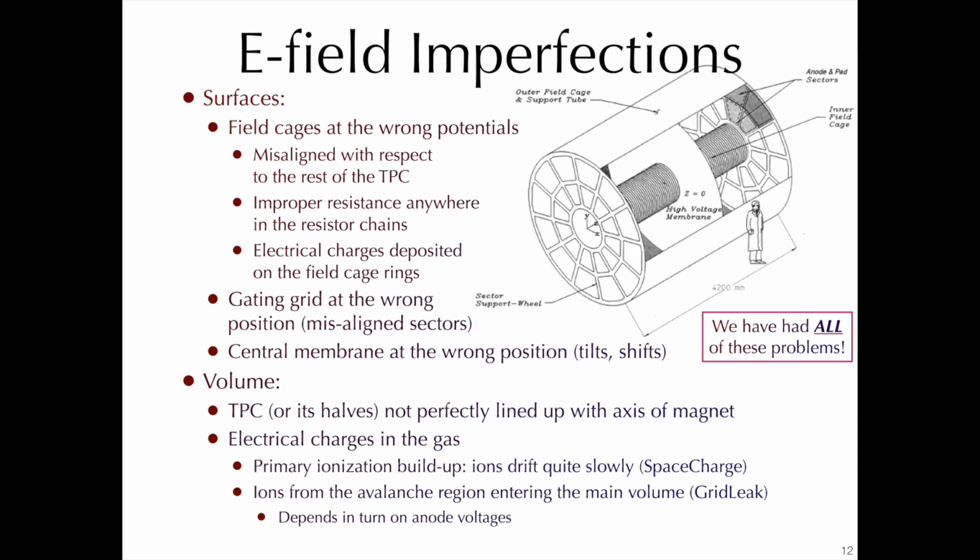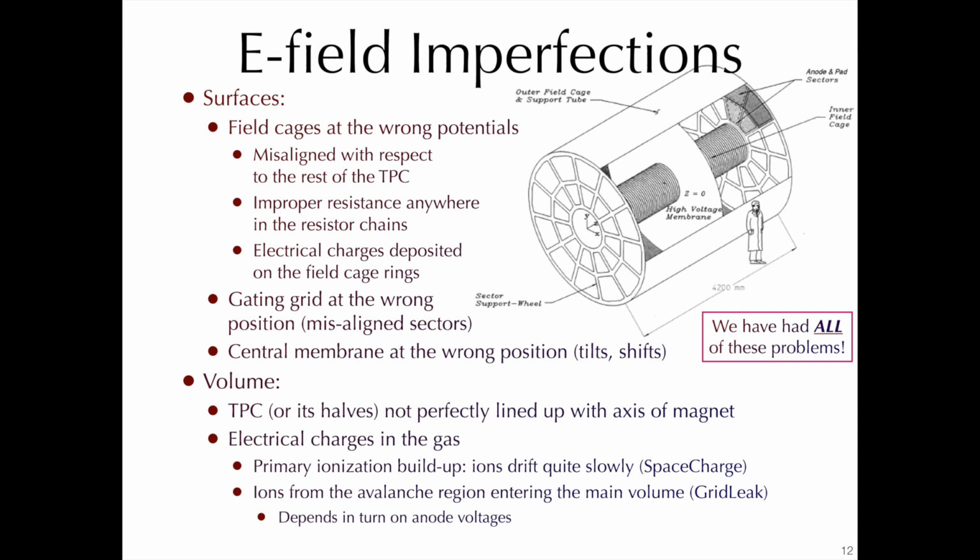What can also happen is that you could have conductive dirt in the gas of the TPC that could gravitationally fall onto two of the rings and possibly conduct electric current through the dirt from one ring to the next. So in any case, it's hard to know exactly what happens in all these cases because we don't get to go in and find exactly where the resistance has been lowered. We don't get to just open up the TPC and look around and dig for things all the time. So it's difficult to determine exactly what happens each time that the resistance changes, but we have had several instances where this has happened.